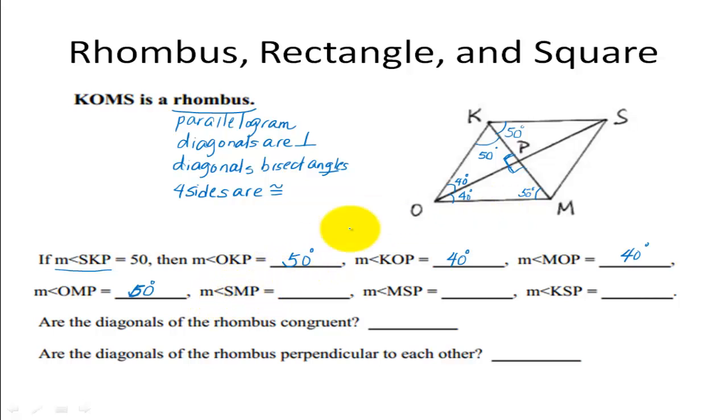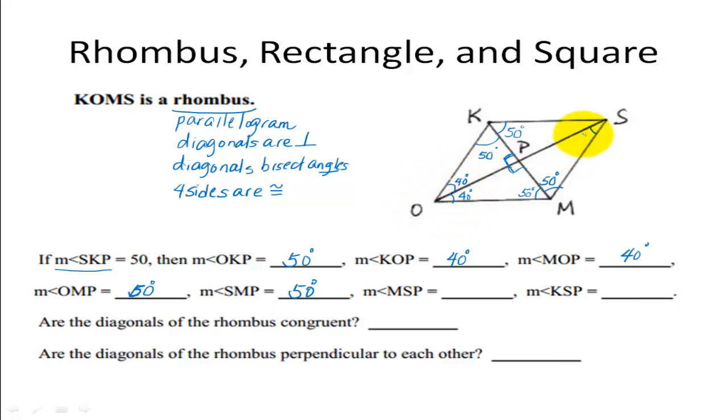Measure of angle SMP. SMP, that's this piece here, and again, by opposite angles are congruent, or just by knowing that the diagonals bisect the angles. So this is 50. The measure of angle MSP, that would be MSP right here. That angle, well here, again, we could use opposite angles.